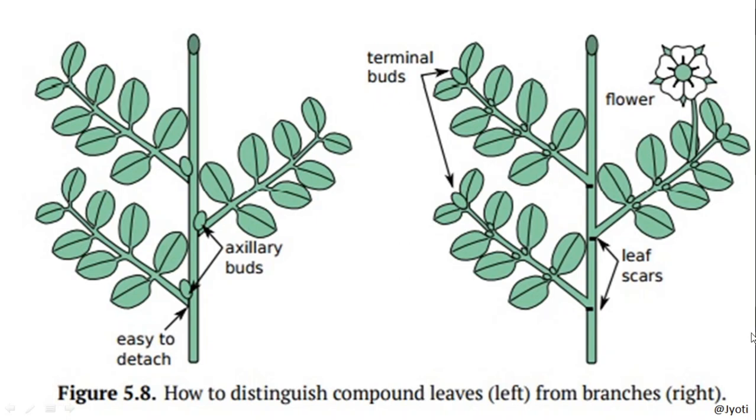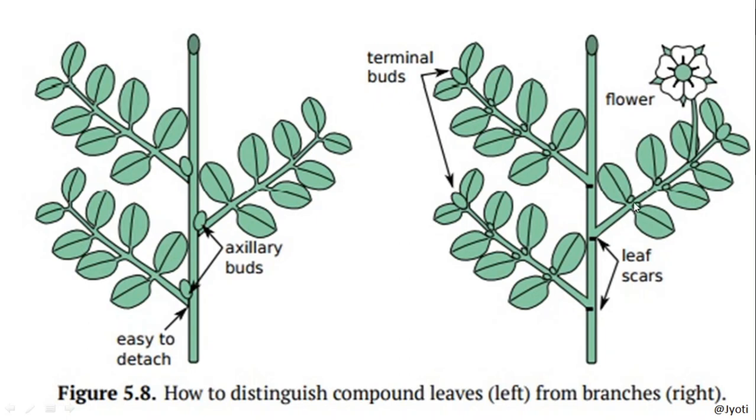But here in the branch, you see, this is the main stem and this is the branch. The branch develops from the axil. Here the leaf has fallen, so from the axil of the leaf, the branch has developed. Now the branch bears leaves, and again at the base of the leaf, the axillary buds are there.